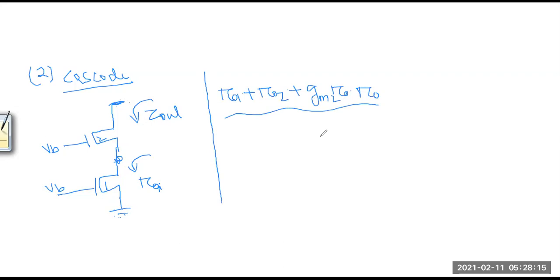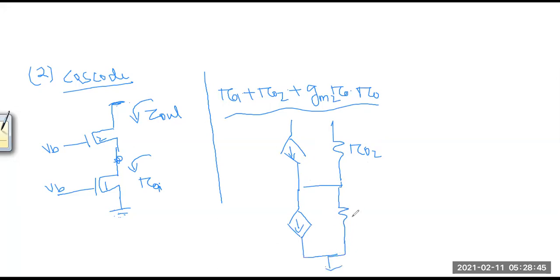And simple or not? If you do the small signal analysis, I will draw it, but you can do the calculations. Okay. So what is the small signal analysis? For the upper transistor, this is R02, and for the lower transistor also, this is ground, so this is R01.